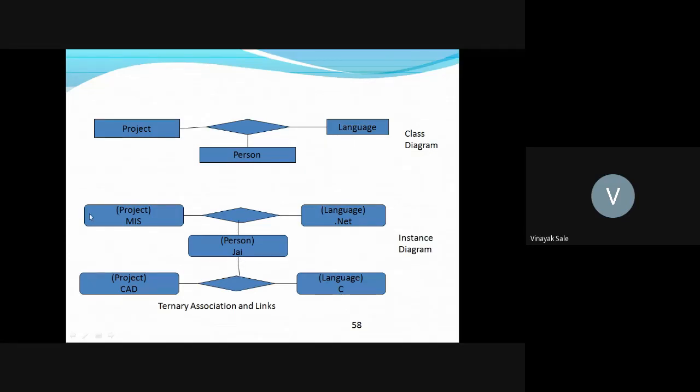This is ternary association with MIS, Zai, .net or CAD, Zai, C. It is not like MIS handled by project Zai with C language. It is like MIS, Zai and .net, and CAD, Zai and C. This is ternary association and link.